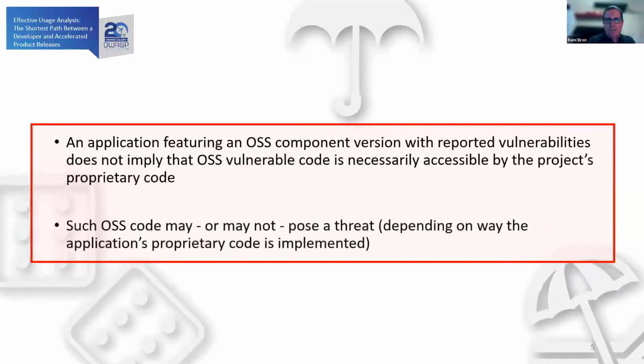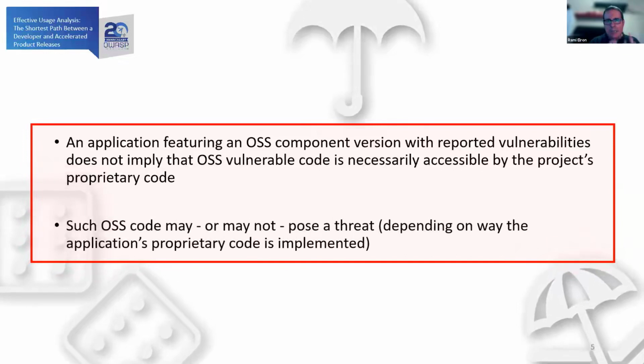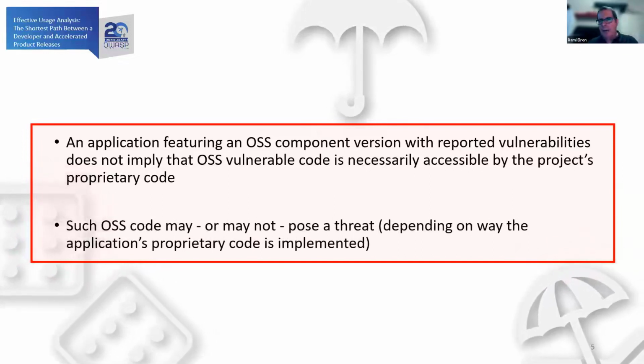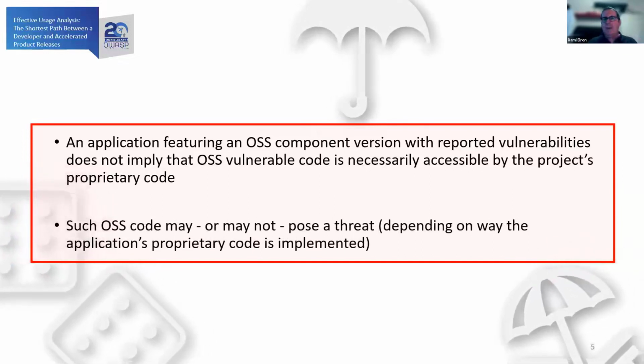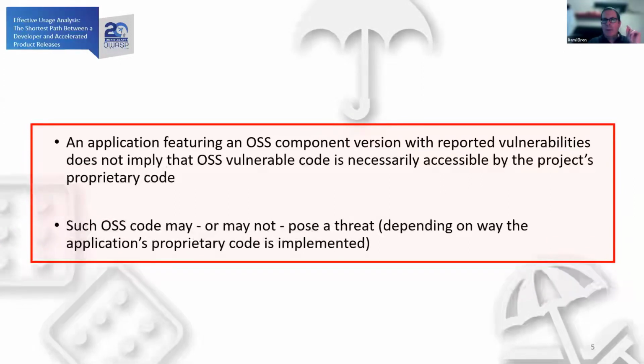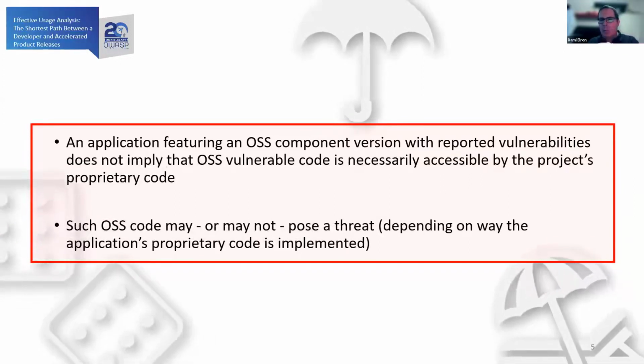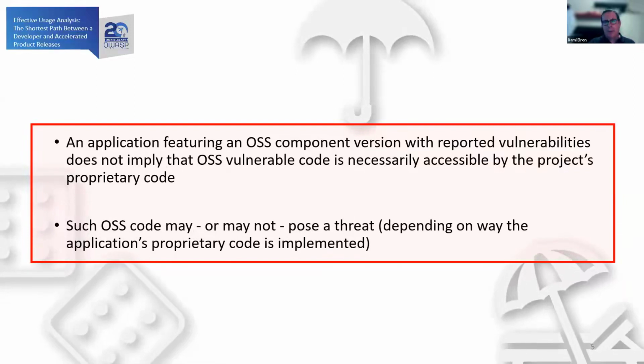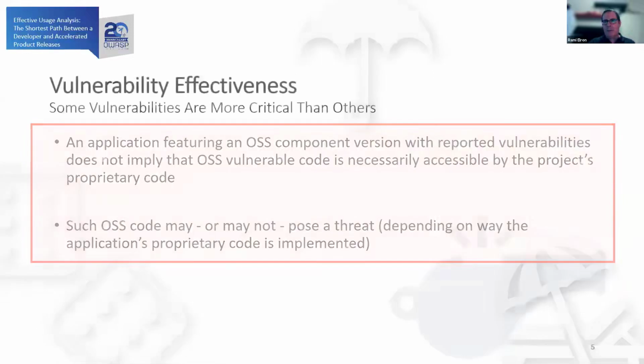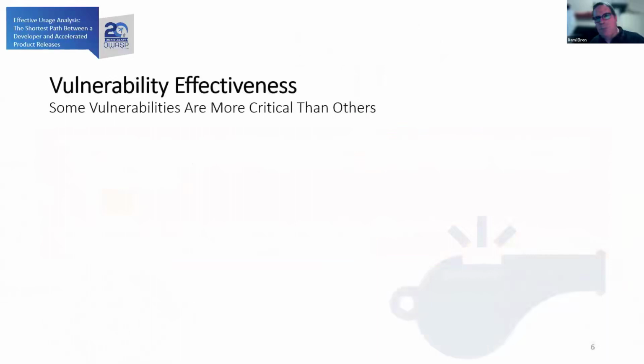And the end result, or the byproduct of that statement, is that such code may or may not pose a real threat. And our final conclusion will be based on the way the application's proprietary code is implemented. I would like to introduce the term vulnerability effectiveness.